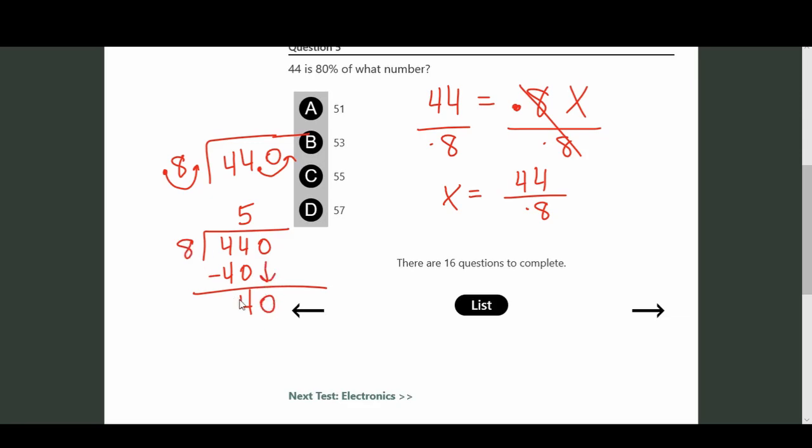Now the question is, how many times does 8 go into 40? It's going to be 5 times. 8 times 5 is 40. 40 minus 40 is 0, so we can see there's going to be no remainder. So 44 divided by 0.8, as we just worked out, is going to be 55 with no remainder. Okay, so that's that one.